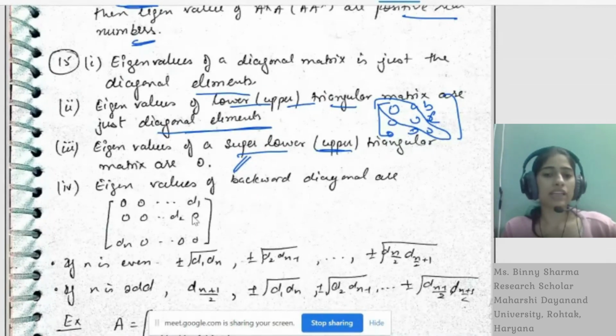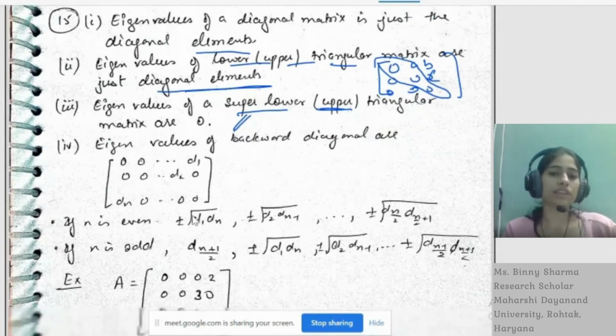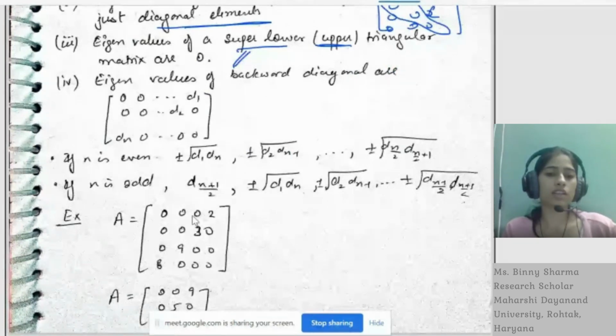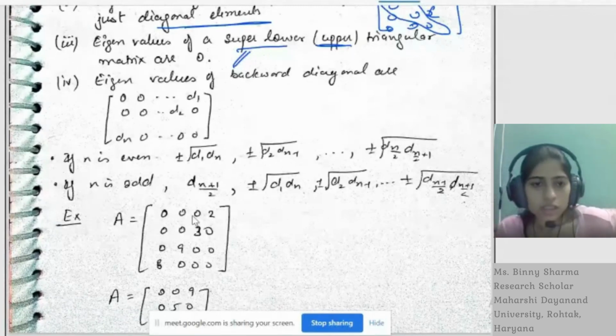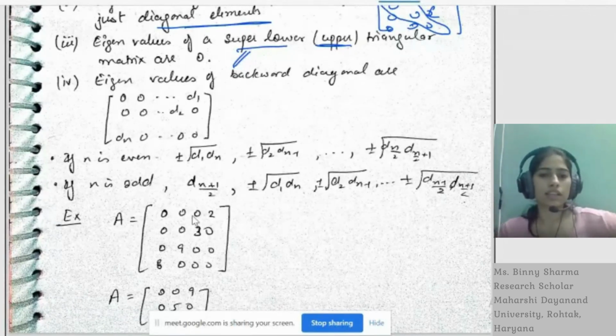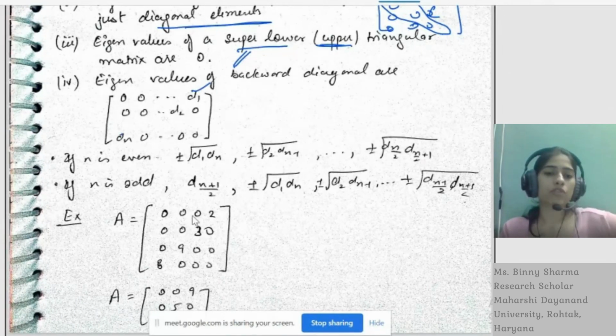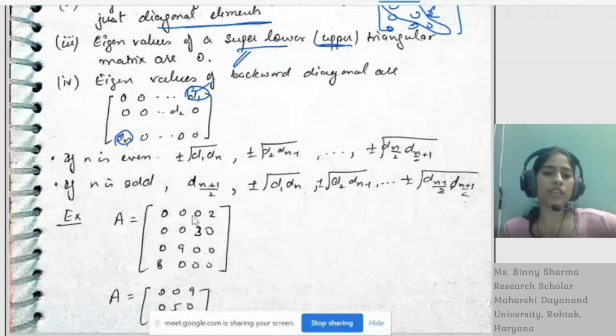Eigenvalues of backward diagonal matrices, which are of this type: 0 0 d1, 0 0 d2, dn 0 0. If n is even, then the eigenvalues will be plus minus the product of first and last, that is plus minus under root of d1 dn.